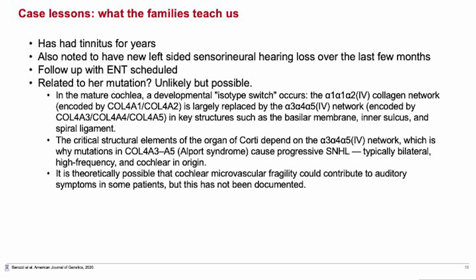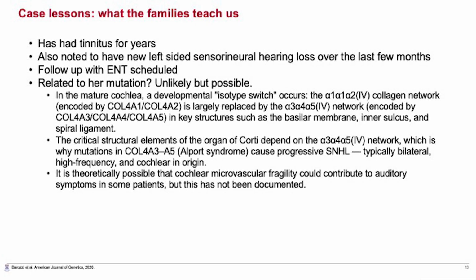So this is just me, as I was thinking about her, why this happened to her. It's unlikely, but it's possible. I mean, typically for COL4A1, A2 mutations, sensorineural hearing loss is not part of this. But there is a relationship with other COL4A genes, and in particular, there's this isotype switch that occurs where initially this COL4A1A2 coded heterotrimer is then replaced by this other heterotrimer later on.